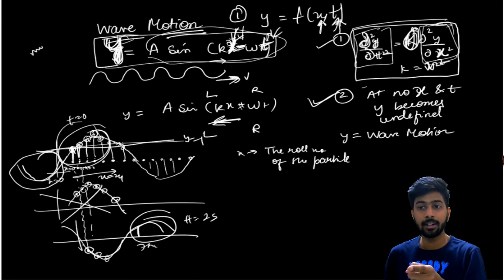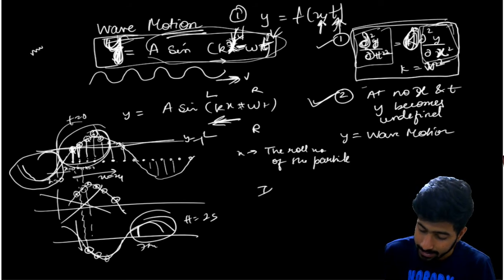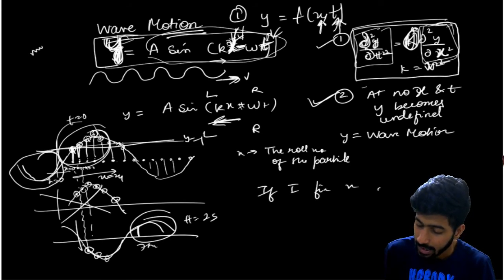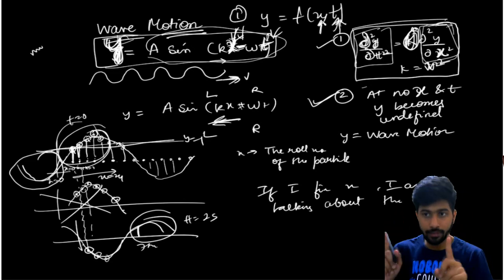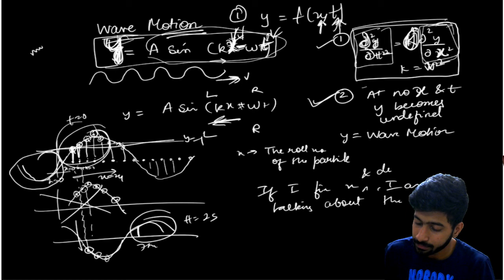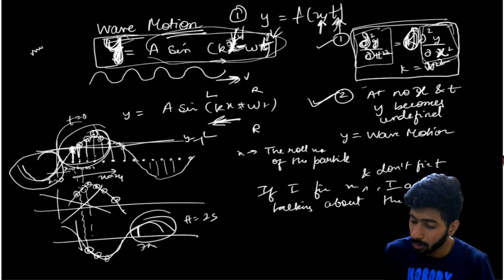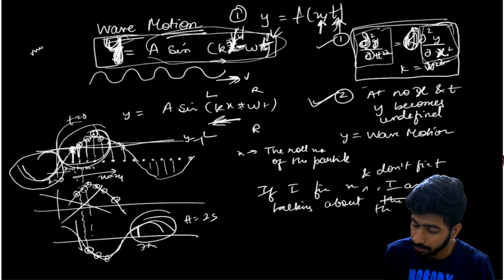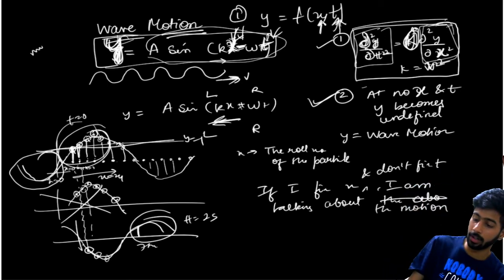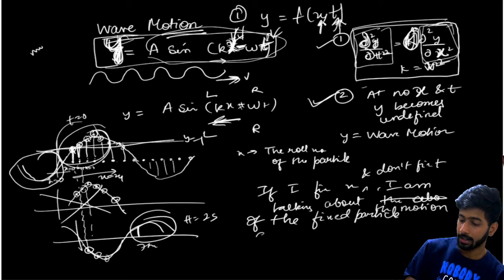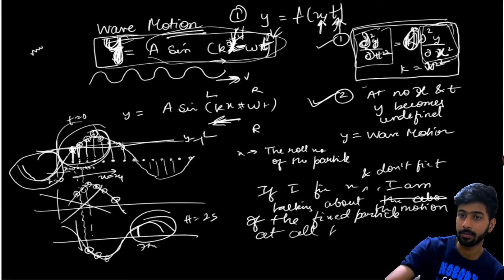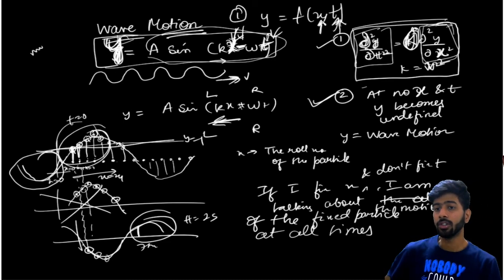If I fix x and don't fix t, I'm talking about the motion of a fixed particle at all times, right? So this is what it is.